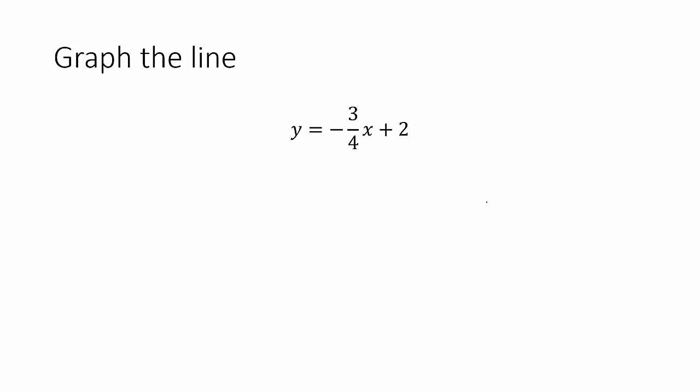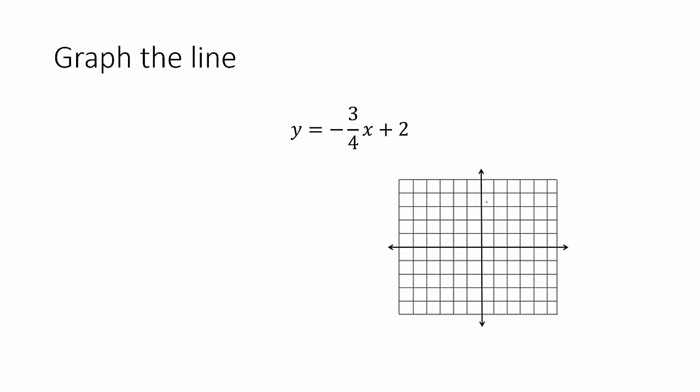We can even go the other direction. Take the equation, and using the information on the equation, we can make a graph of the line quite simply, because we remember that y equals mx plus b, where b is the y-intercept, the starting point. This graph starts at 2 on the y-axis, up 2. Then the slope, it's negative, so it's going to rise -3, and it's going to run 4.